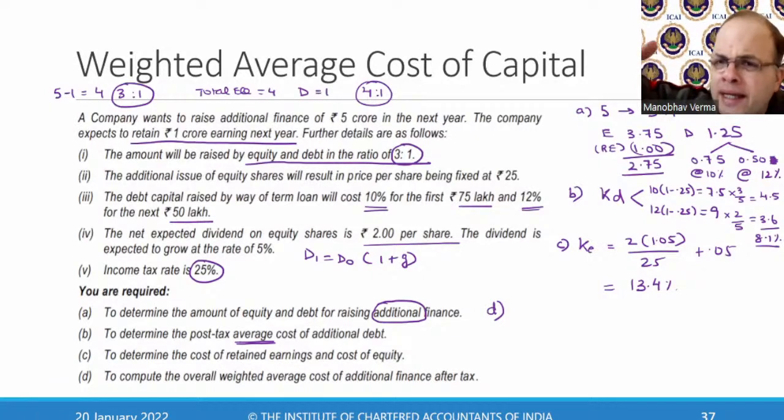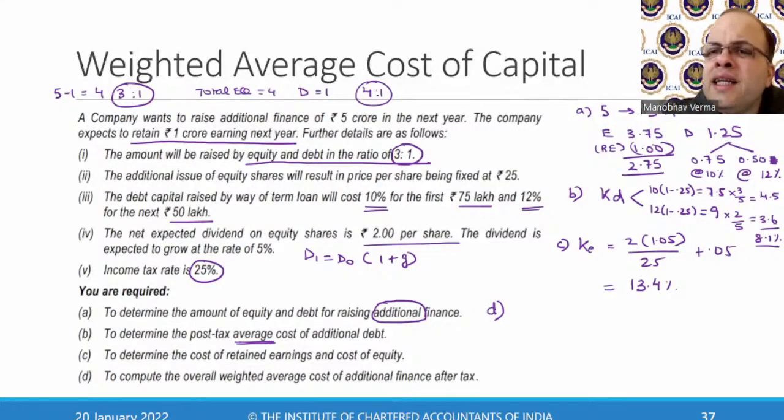Expected dividend could be in the near future also, but it is expected to grow at 5%. Also, it is always better, in case of a language issue or anything to be concerned about, even in the examination question, to mention your assumption, but the assumption should be logical. You know, what are you considering? If you are considering it as D1, mention why you are considering it as D1.